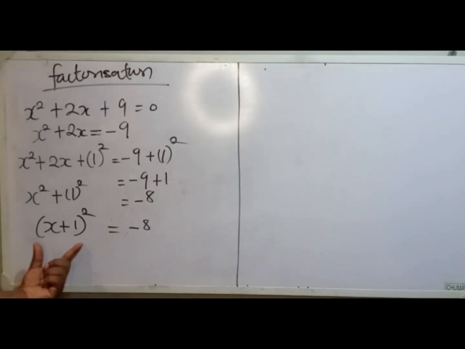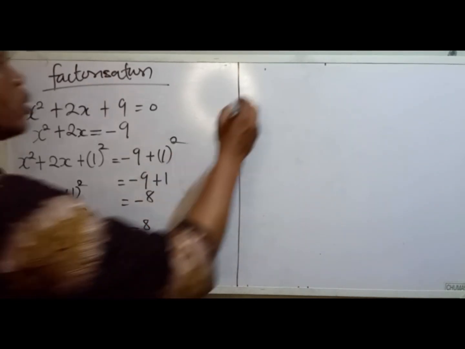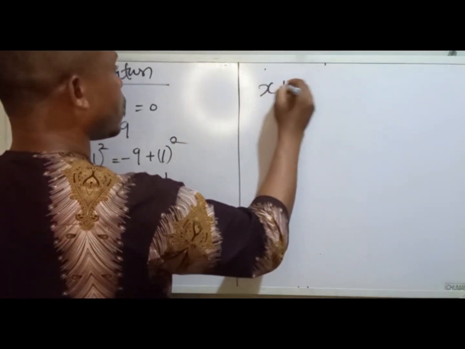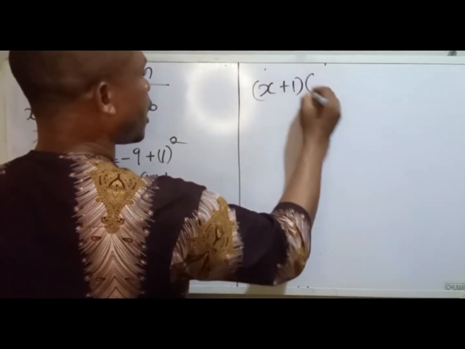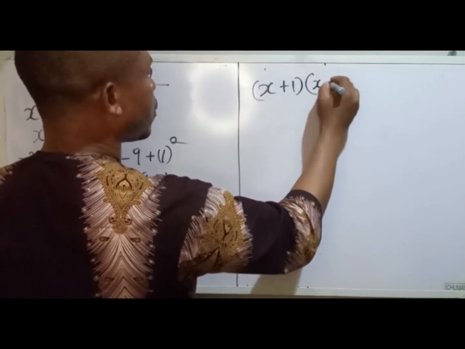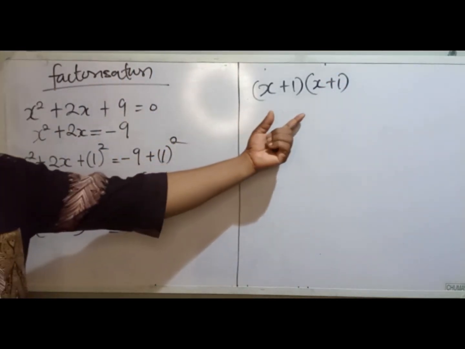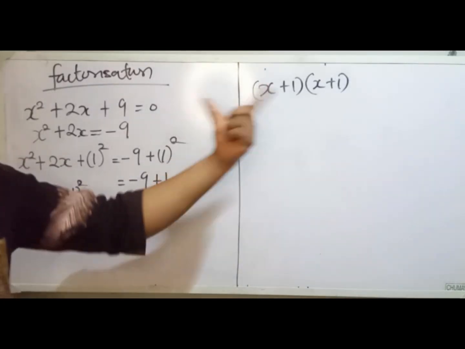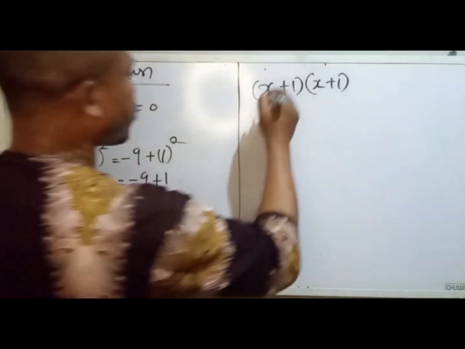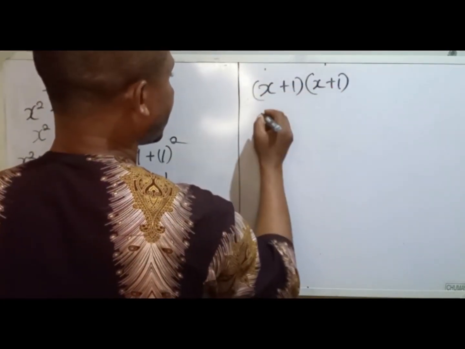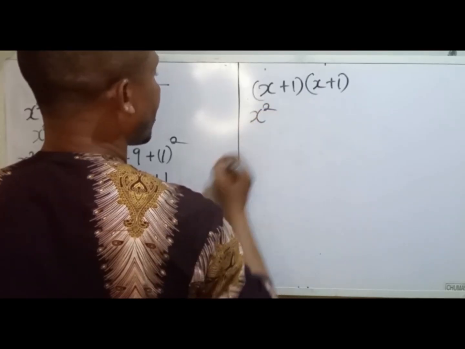Minus 8. Now, what we have here is x plus 1 times x plus 1. That's the meaning of this. So let's try and factorize this and see what happens. X times x is going to give you x squared.